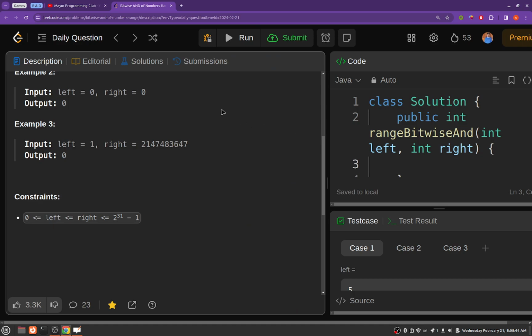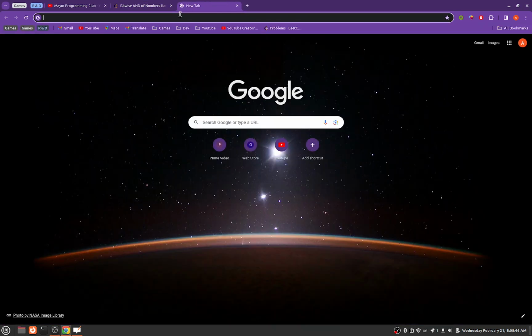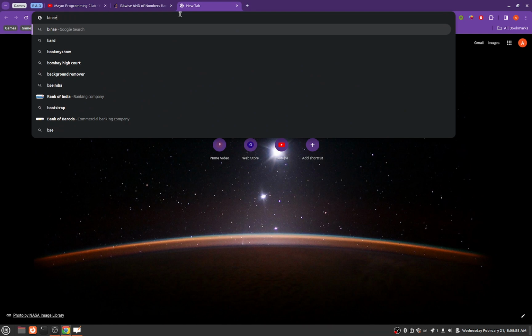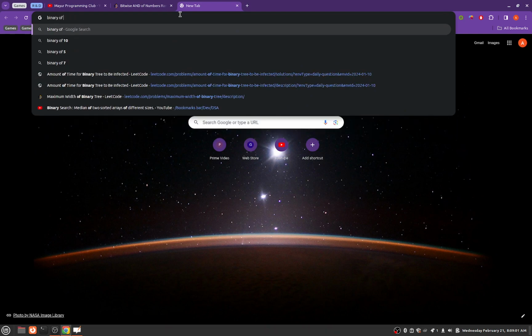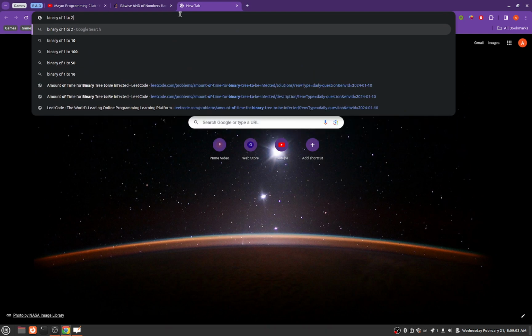We need to make some observations here. First of all, let's see the binary representations of, let's say, the first 20 numbers, which would be sufficient to make some observation. So binary of 1 to 20.